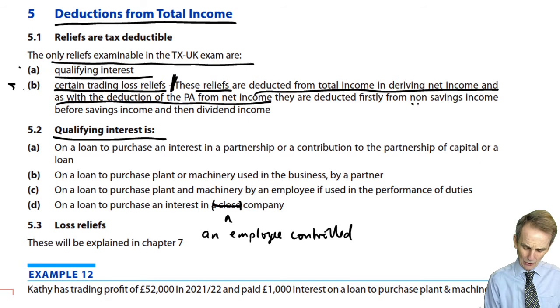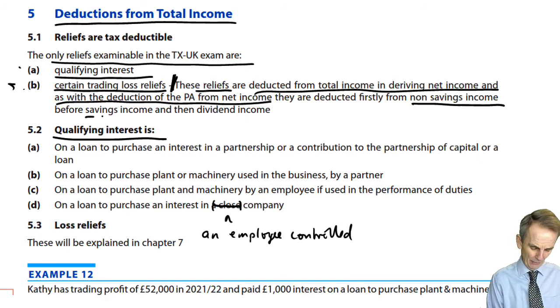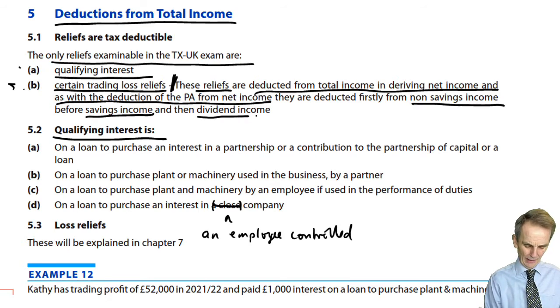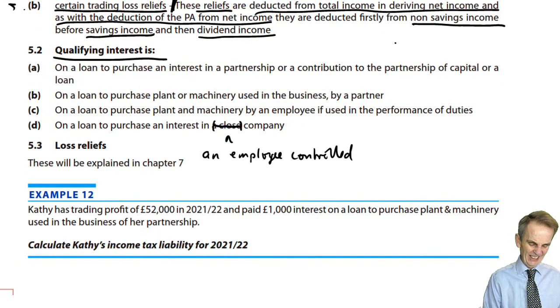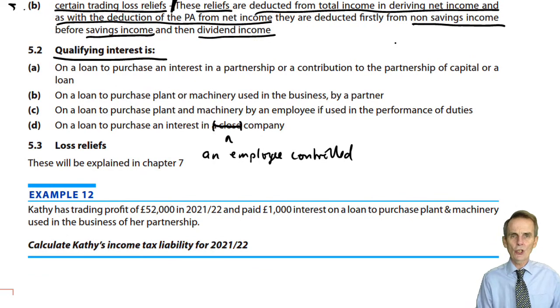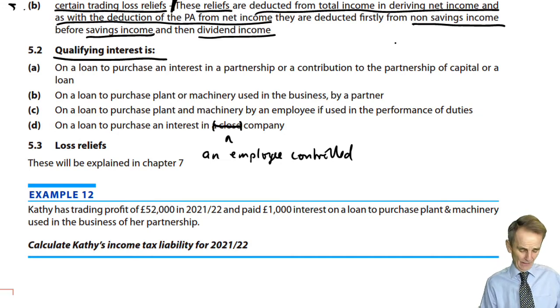So we firstly reduce non-savings income, before savings income, and finally before dividend income. So the only thing you've got to be able to do is to recognise if you're told about interest that is payable by the individual for a given tax year, what interest was paid in the tax year there, then does that loan represent a qualifying loan?